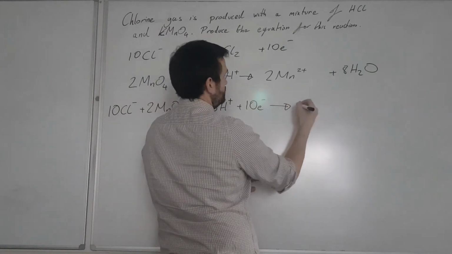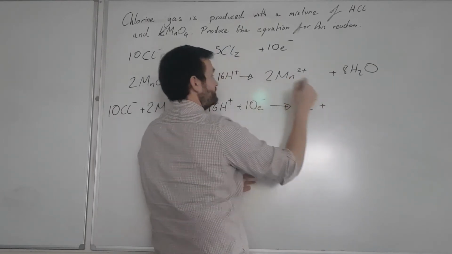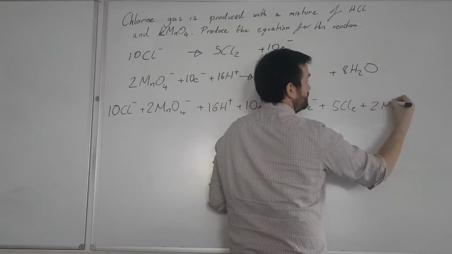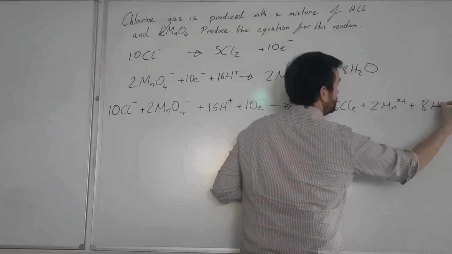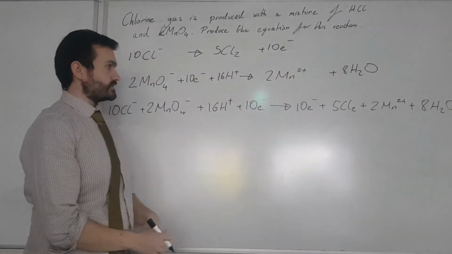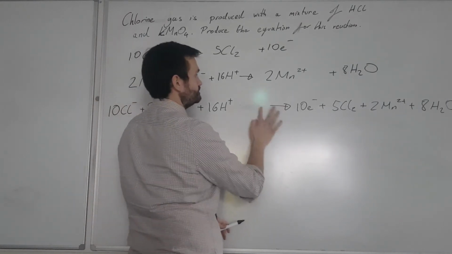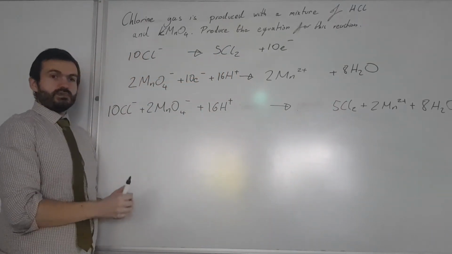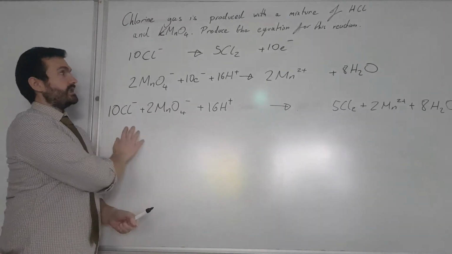On this side, I've got my 10 electrons, and I've got my 5 chlorines, and my 2 manganese ions, and my 8 waters. So I have 10 electrons on both sides. I'm going to get rid of these because they both cancel each other out. What I have now is a balanced redox equation. Both charges and masses are balanced, and that is the answer to this question.